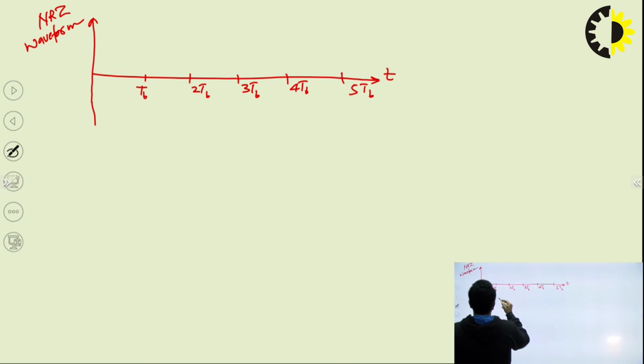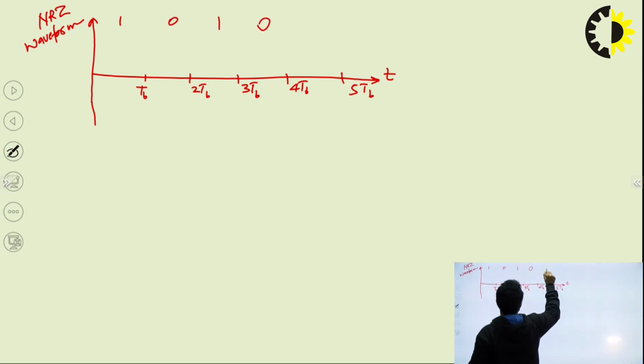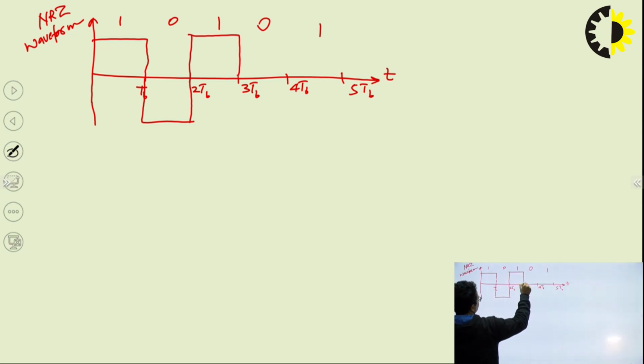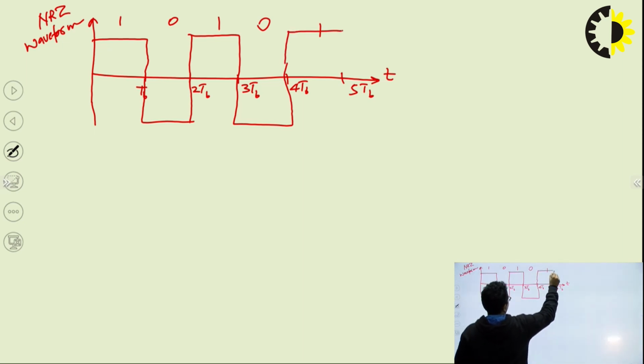So what is happening? Suppose that we want to transmit zeros and ones. This will be indicated by high, then for 0 it will be indicated by 0, and again 1, then 0, then again going high, and finally it will move to this point.